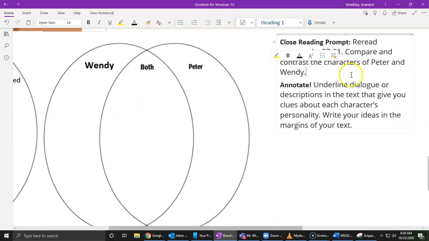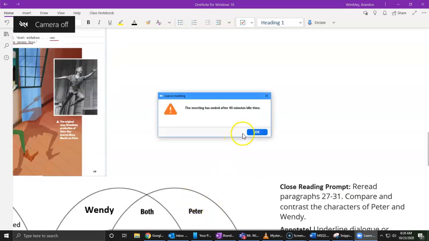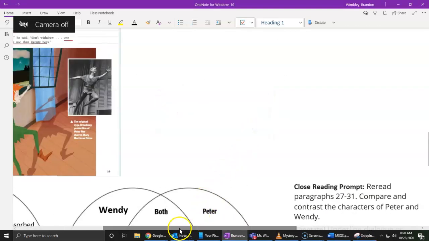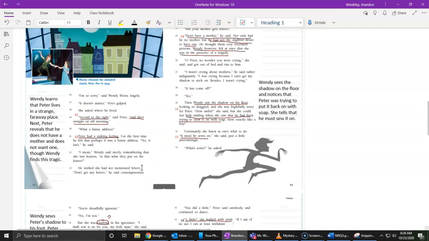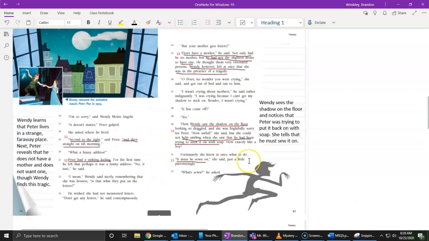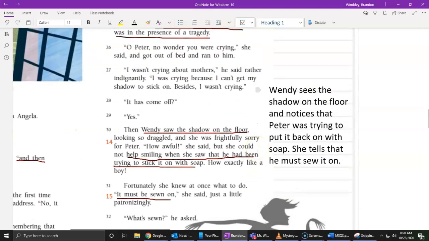So this is our prompt over here, and it says reread paragraphs 27 to 31. Compare and contrast the characters of Peter and Wendy. And then it's telling us to underline dialogue or descriptions in the text that give you clues about the character's personality. So let's head back to that moment. Paragraphs 27 through 31, and luckily, yep, it's all going to fit nicely on our screen.